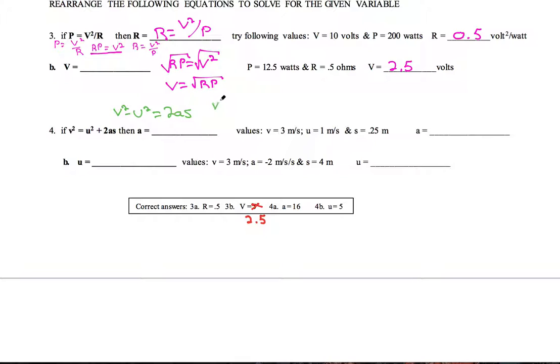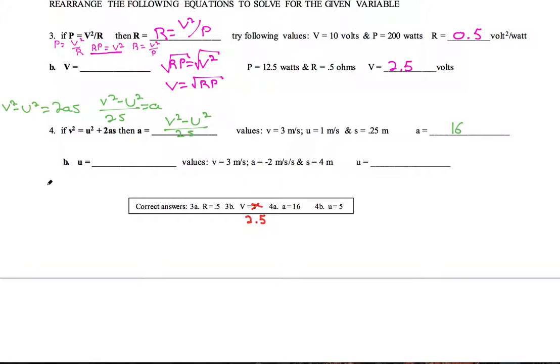So I would have V squared minus U squared over 2S, right? If I divide this side by 2S, it'll get rid of the 2, it'll get rid of the S, it'll leave me with the A that I want. So this must be V squared minus U squared over 2S. And if we plug in all these values to that, we get A equals 16.